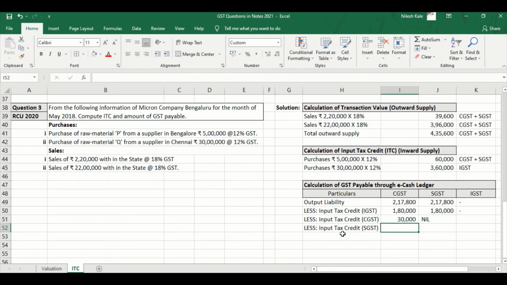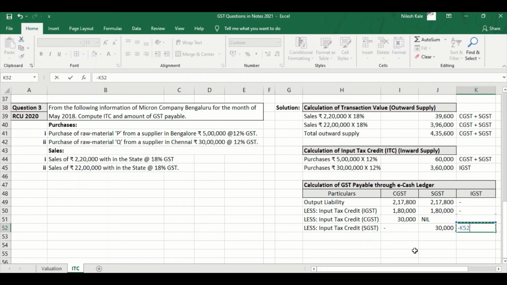Next, SGST credit, nothing over here, and SGST is 30,000. IGST is again 0. I can even write, no, I cannot use that. Here also I will write nil.